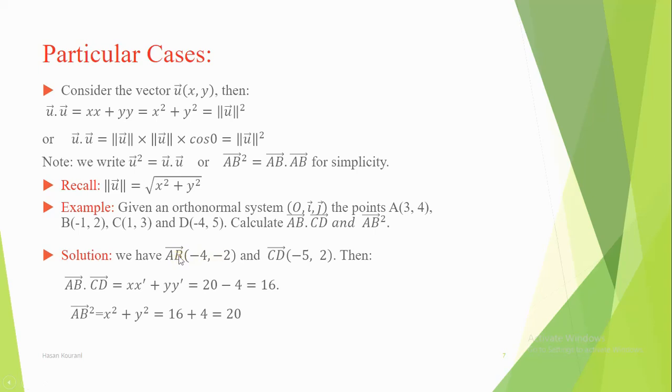You know, the abscissa is xB minus xA, and yB minus yA gives the ordinate. Similarly for vector CD. Then at the end, you may use the analytic definition, which is xx prime plus yy prime, that leads to this result 16, and also AB squared, which is, as this definition, in fact AB dot AB, which is x squared plus y squared, which is 16 plus 4 equals 20.